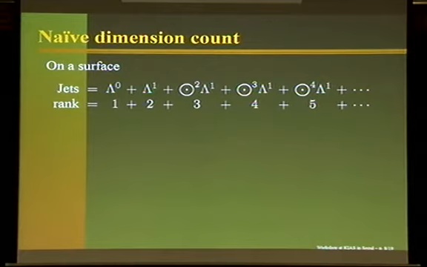So on a surface, that's the only really critical case. If you just count dimensions, what do I mean by this? Let's look at the dimensions of the space of just jets of functions. Here we are starting with the value of a function, or more invariantly said, this is like the infinite jet bundle of functions.